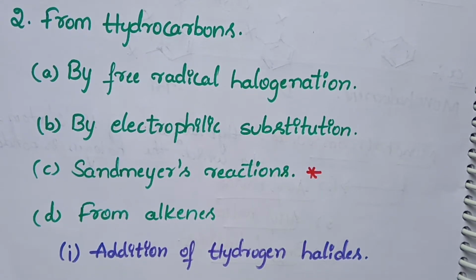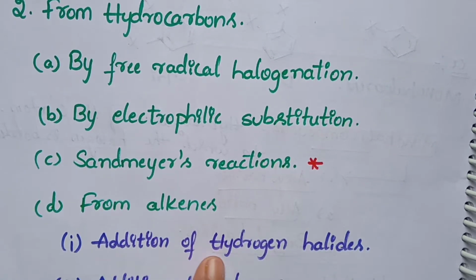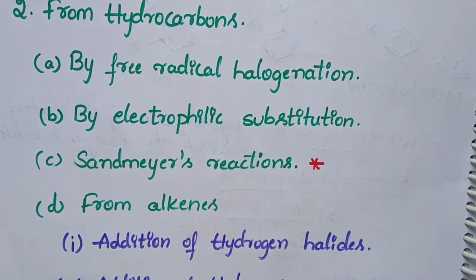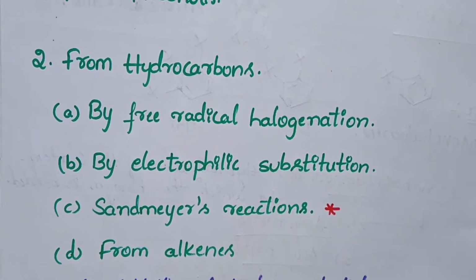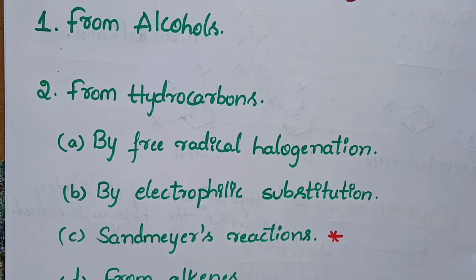And the fourth one is from alkenes. In alkenes, there is again a bifurcation: addition of hydrogen halides and addition of halogens. These are the simple methods used for the preparation of haloalkanes and haloarenes.